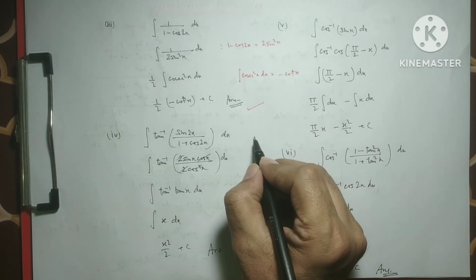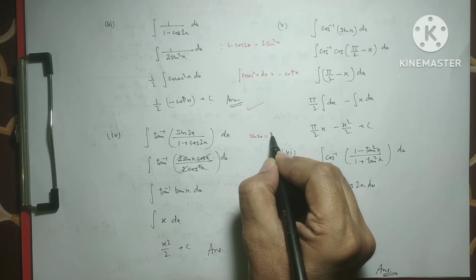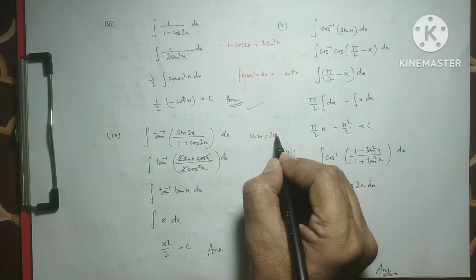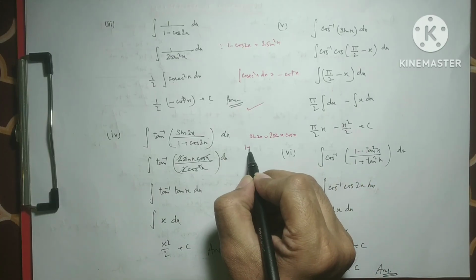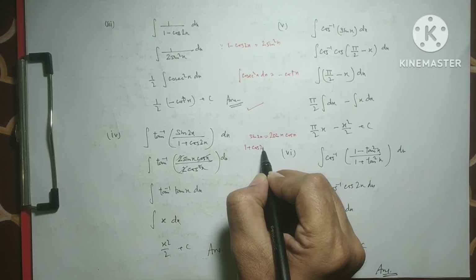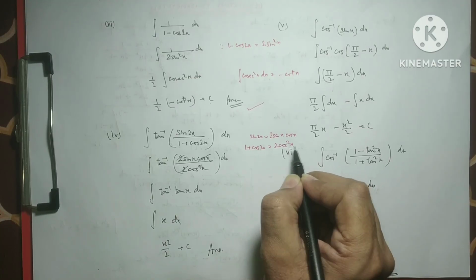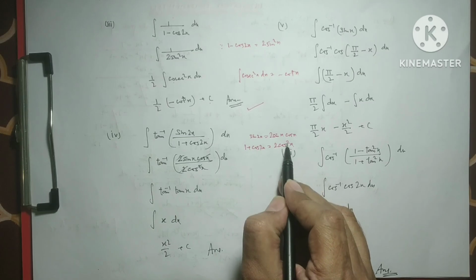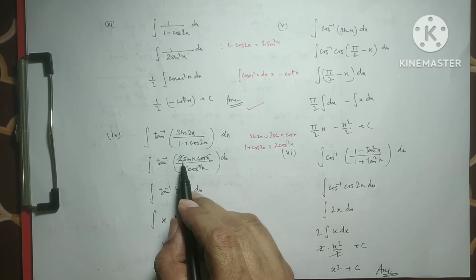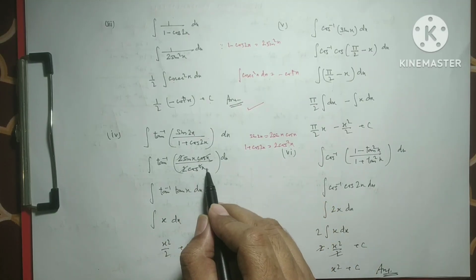So sin 2x is 2 sin x cos x, and the formula of 1 plus cos 2x is 2 cos square x. We put these two formulae. In place of sin 2x we will place 2 sin x cos x, and for 1 plus cos 2x we place 2 cos square x.